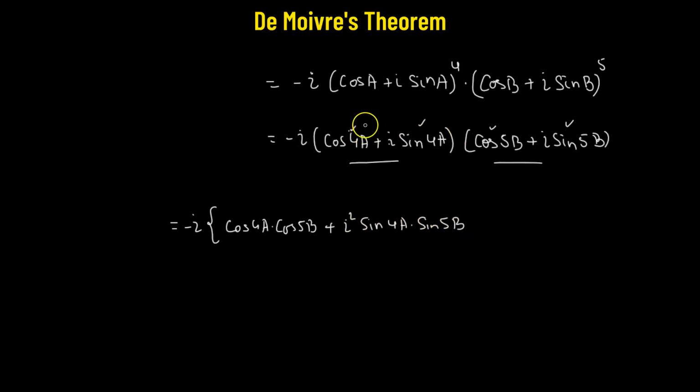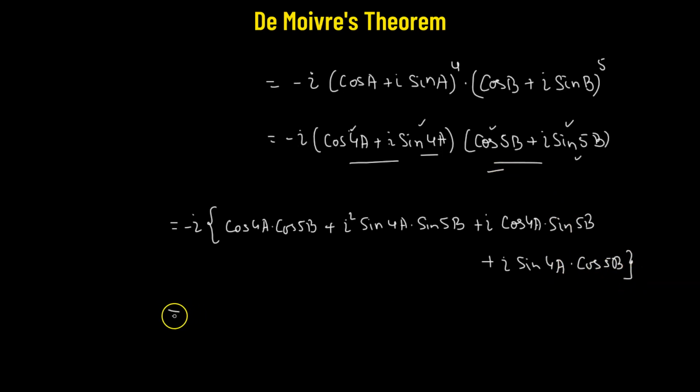Then we'll take cosine of 4a with iota times sine 5b. So we'll have iota multiplied to cosine of 4a times sine 5b. So this will be added to iota multiplied to sine of 4a, so this expression multiplied to cosine of 5b. So we have sine of 4a multiplied to cosine of 5b.